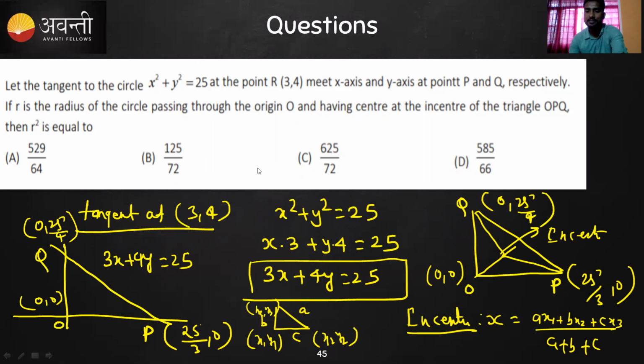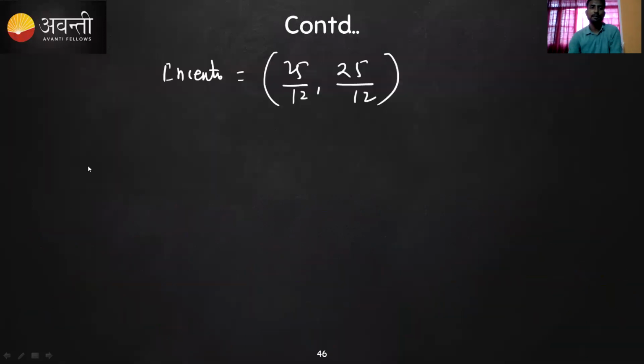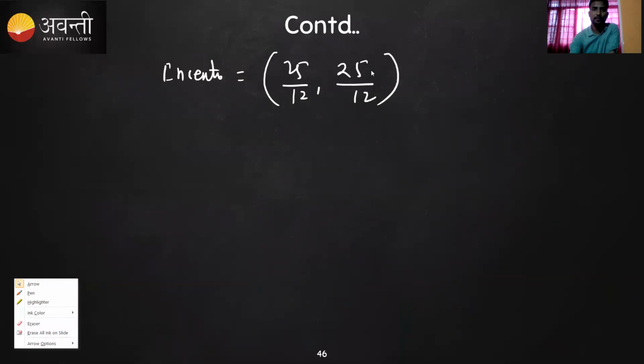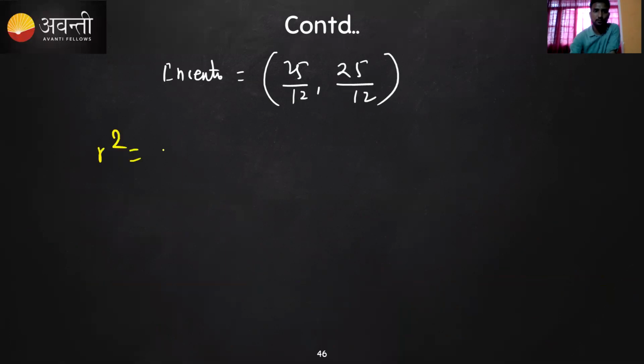There is a relation between the incenter and the radius. So what will be that relation? If it is 25 by 12 and 25 by 12, so simply you can apply this formula, that will be R square is equal to 2 into (25 by 12) whole square.